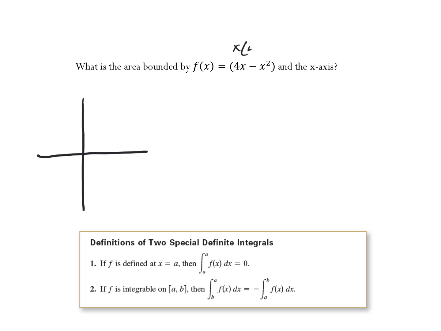If I want to find the x-intercepts, I could factor out an x to figure out where it equals 0, because x-intercepts are where the y-coordinate is 0. So at x equals 0 and x equals 4, and the bounded area between this function and the x-axis is this one.